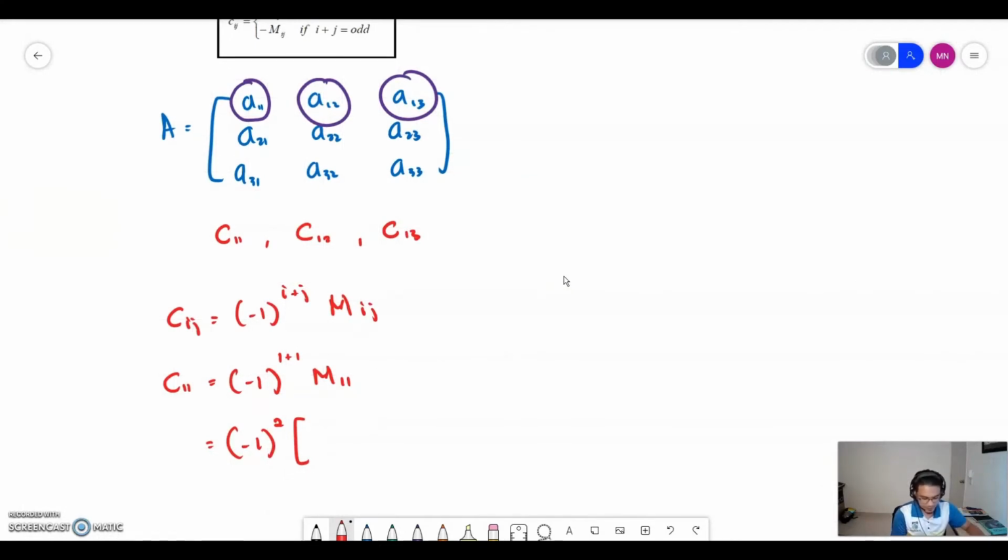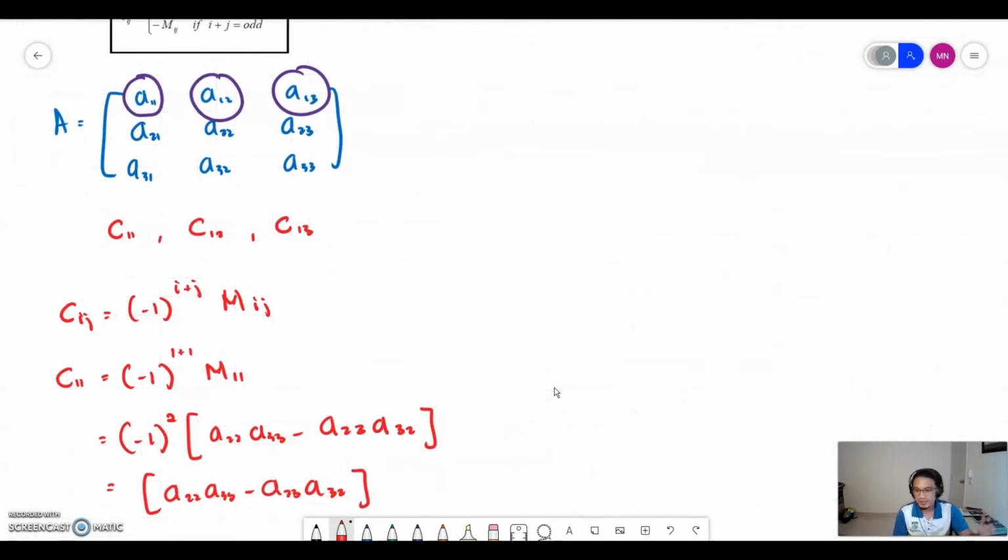So M11 is actually A22, A33 minus A23 and A32. Negative 1 to the power of 2 will be a positive 1. So then C11 will just be A22, A33 minus A23 and A32.